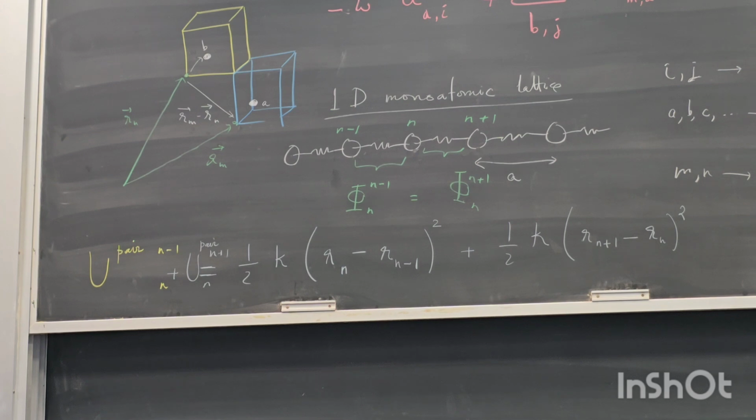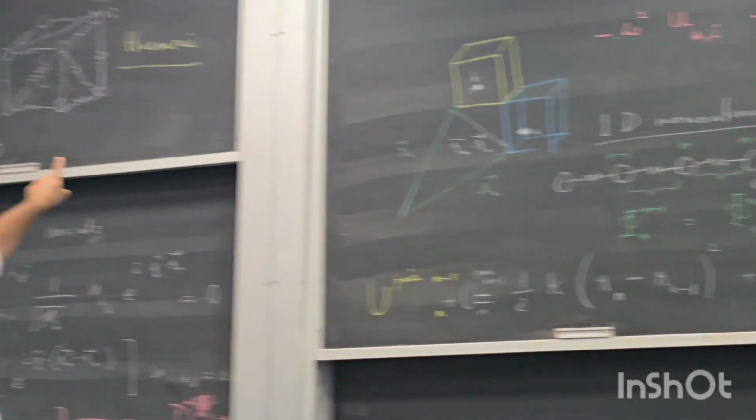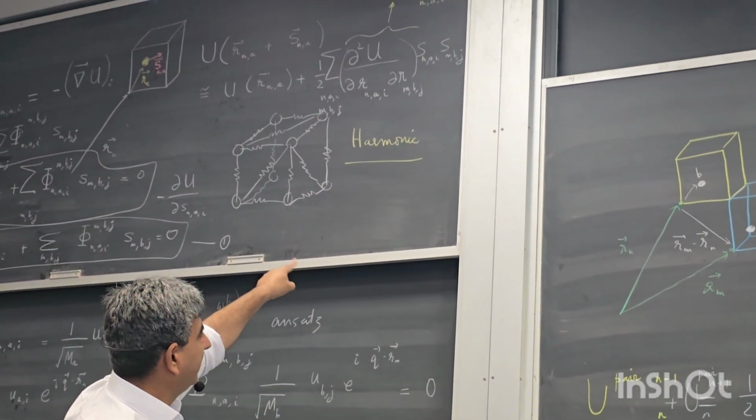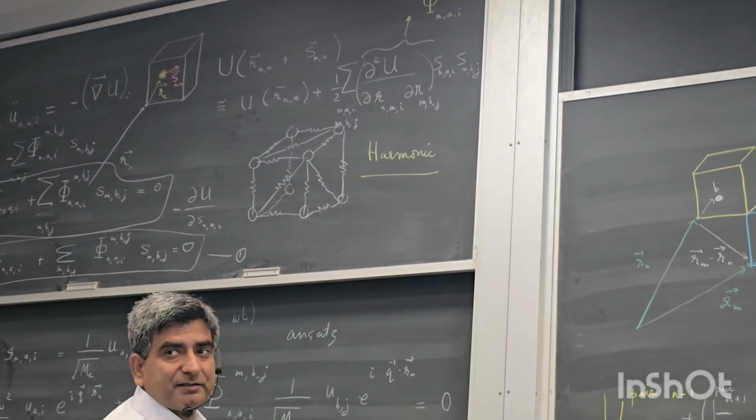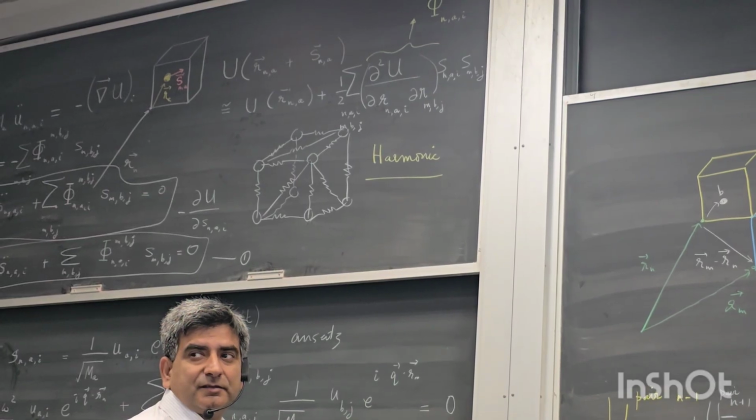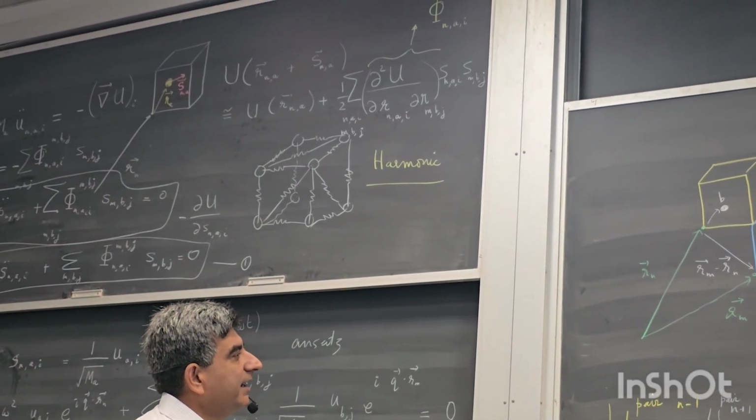Now if I need to find out the phi's, I need to differentiate. How do I differentiate? I differentiate with respect to Rnai and Rmbj. Okay. Now how many phi's do I need?